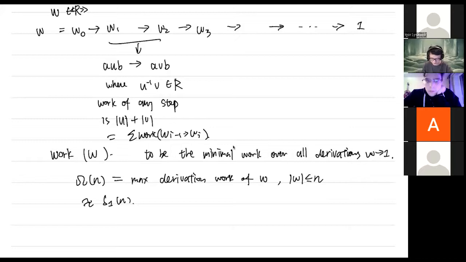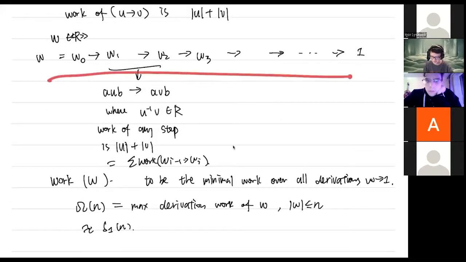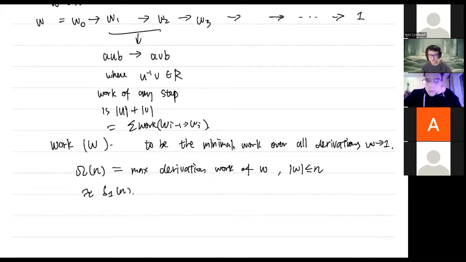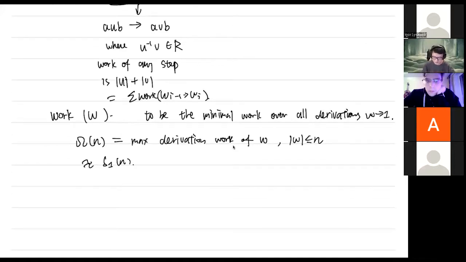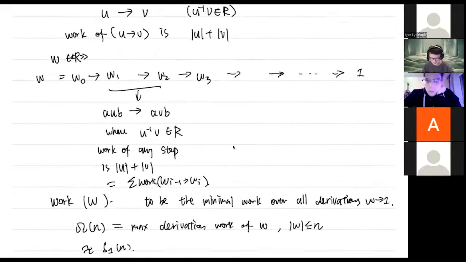And if you define the derivation length function to be the length of this derivation, and you take the minimum length for a word and then the maximum derivation length, you get basically the Dehn function. So on one side, you count how much work you did; on the other side, you count how many steps you did. That's just another view of the Dehn function.